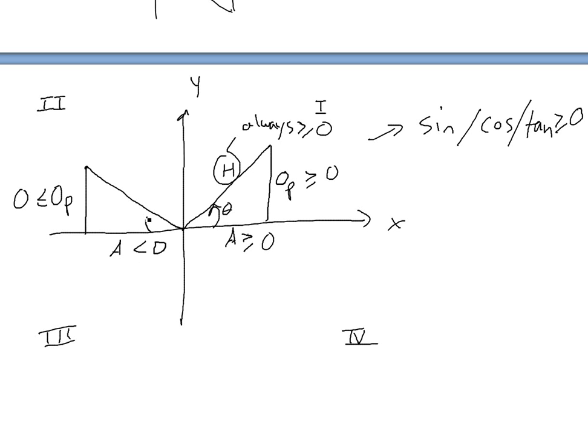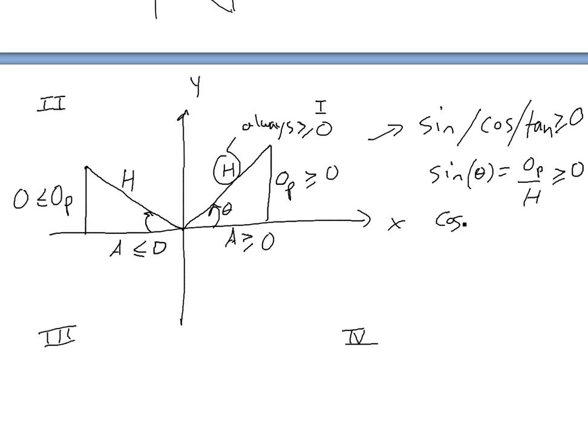If you look at this angle, A is negative, and H is just regular. So sine theta is equal to opposite over hypotenuse. These are both positive, so this is greater than or equal to 0.